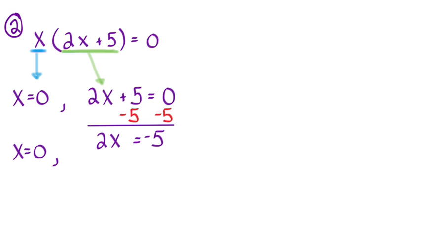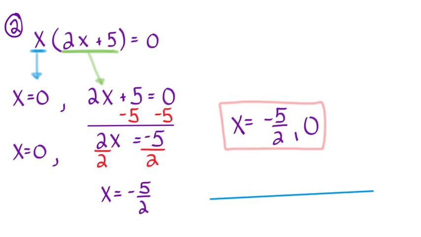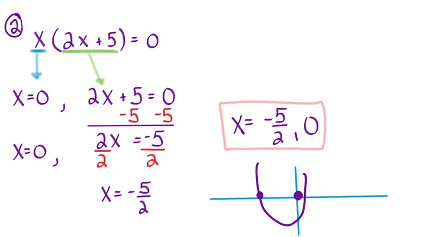So my x values are going to be 0 and -5/2, which is closer to, well, it is -2.5. So we know on this one, x will be 0 and -5/2 or 2.5. And it's either going to go like this or it's going to go like that. But again, we'll talk about that more later.